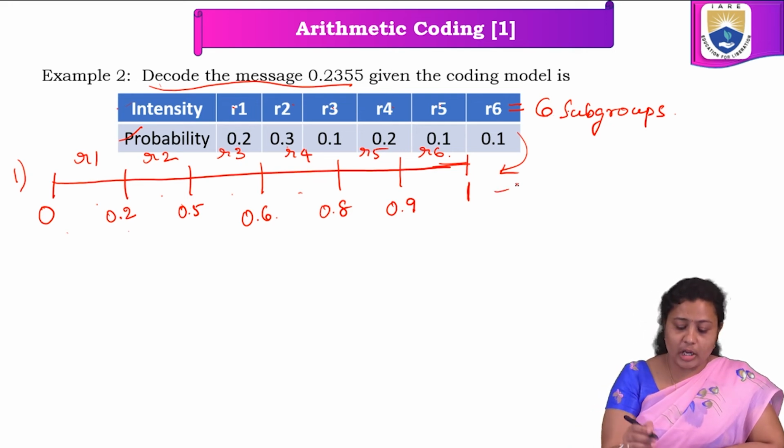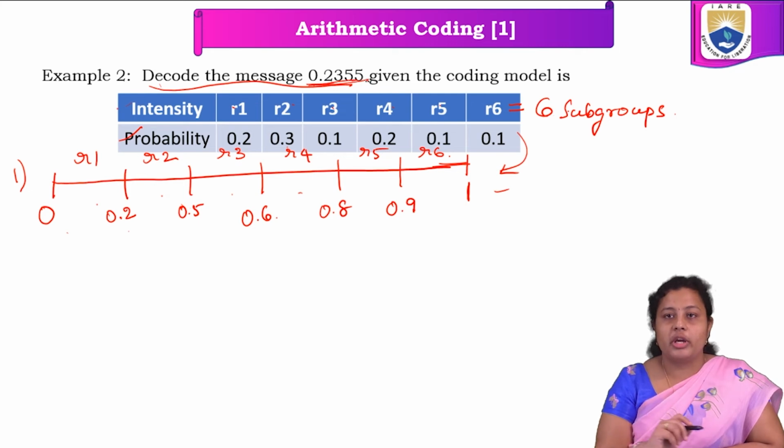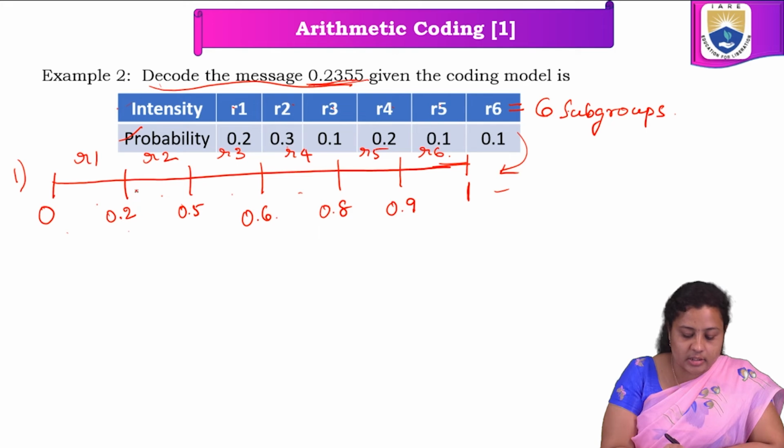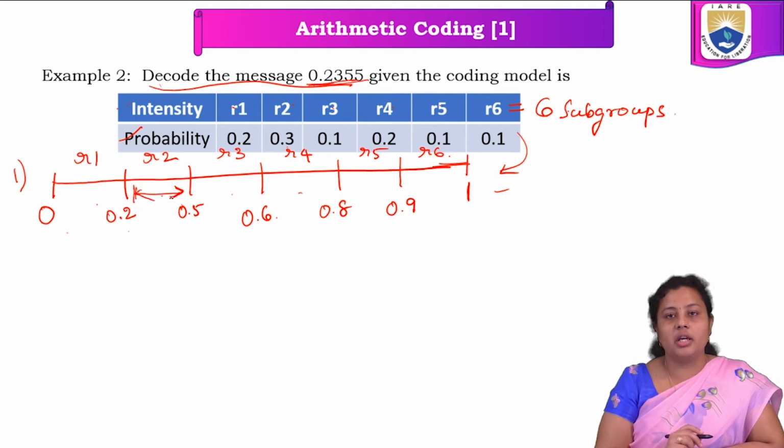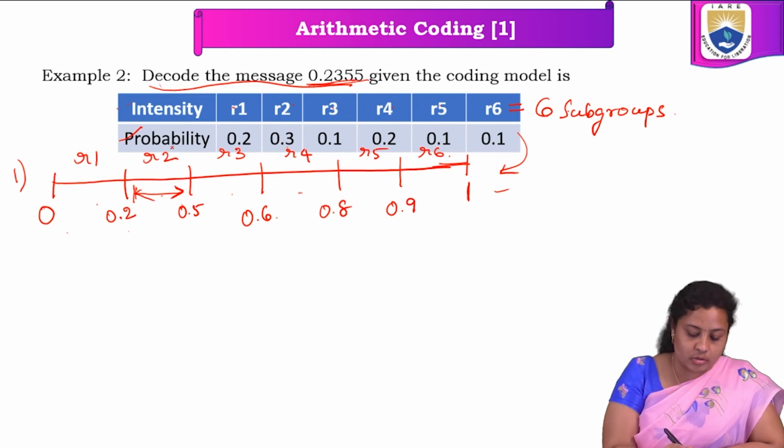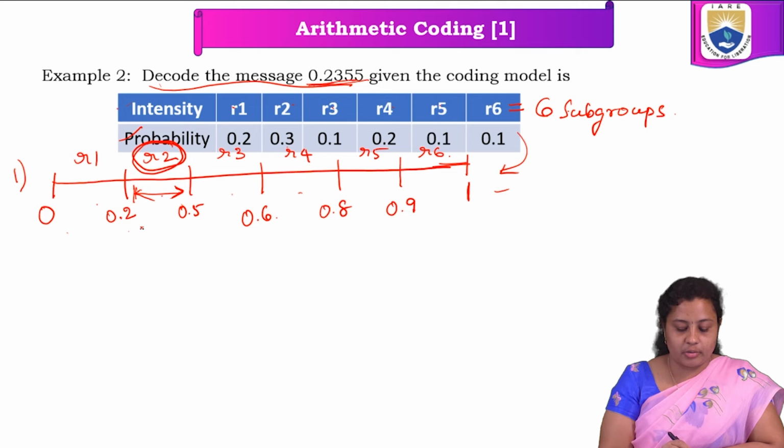Now, I have been given the value 0.2355. So where does 0.2355 exist? It will exist in my R2 range. So R2 range I'm going to consider in my second stage.